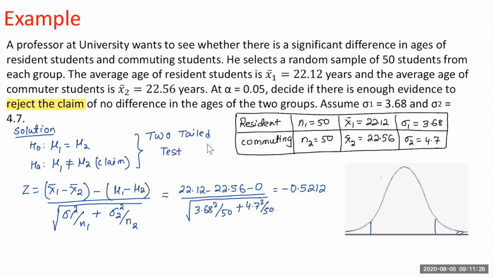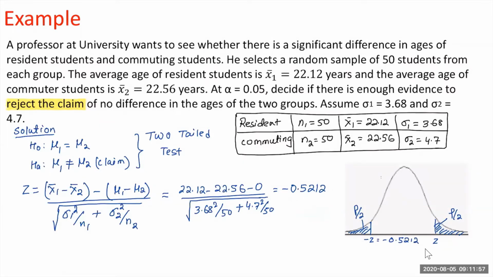So this value plus this value will be p, meaning this is p over 2 and this is p divided by 2, half of p, because the total value is p. And this is z and the equal value on the other side, negative z. So we got this negative z, which is equal to negative 0.5212.